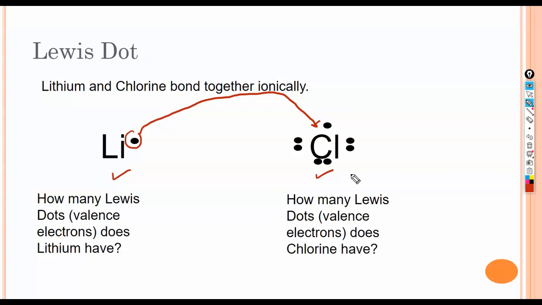Because you're exchanging these electrons, it makes the lithium and chlorine stick together. What you're going to end up with is LiCl, which is lithium chloride. That lithium and that chlorine are bonded together now, because they basically swapped electrons and now they're stuck together.